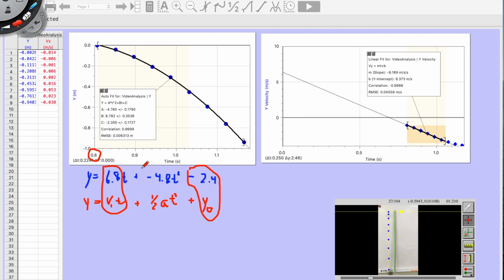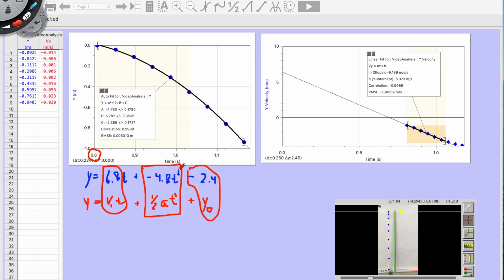The only thing we can pull out of here for real is this piece right here, because this piece relies on an acceleration, which is always the same. No matter what point in time, the acceleration was gravity. So it doesn't matter what Logger Pro thinks is 0 and what Logger Pro thinks is 0.8 seconds. It's always going to work.